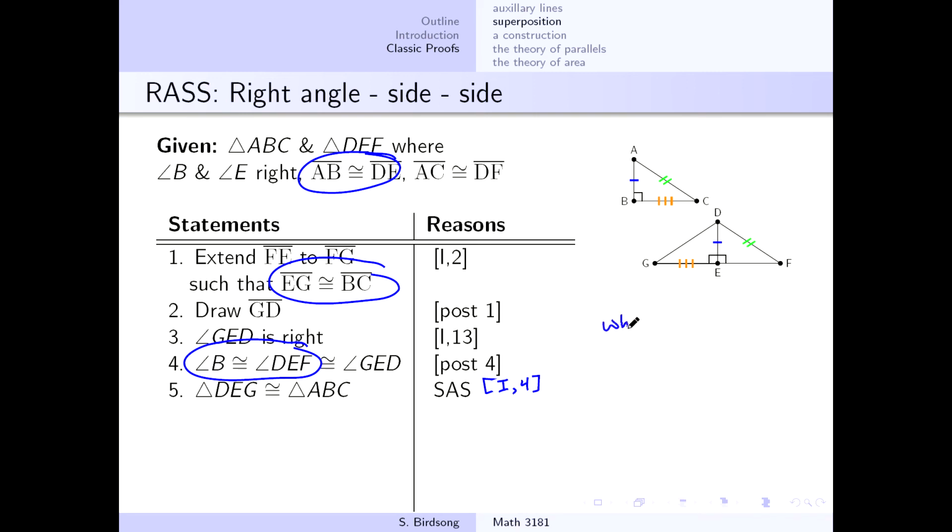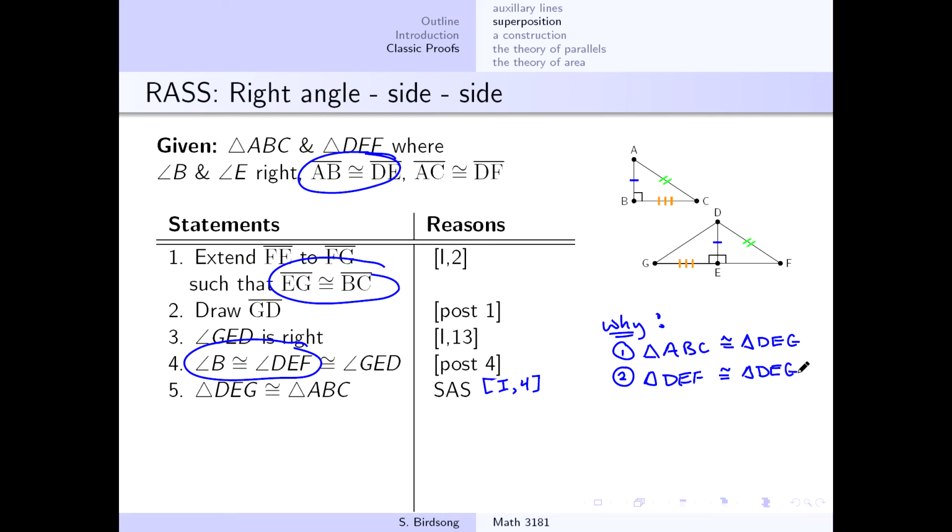Now, why do we care? Here's the why. Notice what we just did. First thing we did was we copied the triangle ABC. So ABC is congruent to EDG. Second thing we're going to do is show that triangle DEF, the second original triangle, is congruent to DEG.